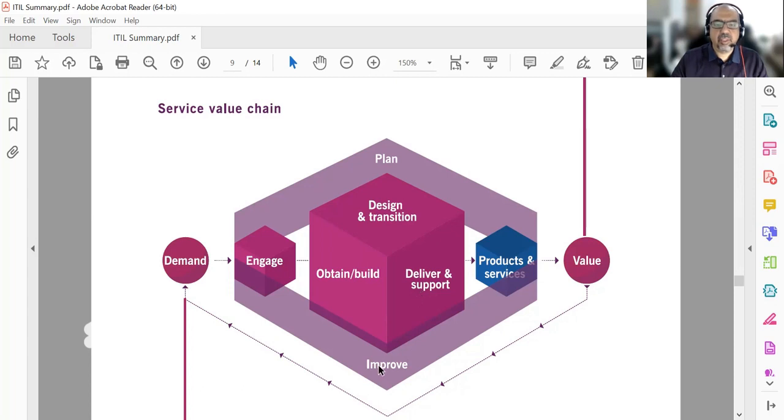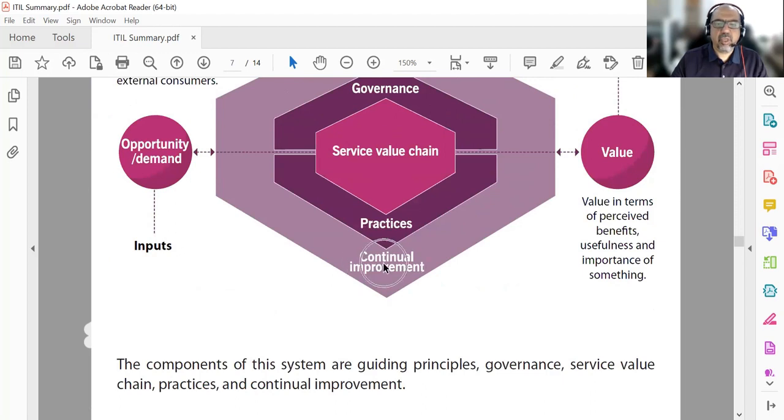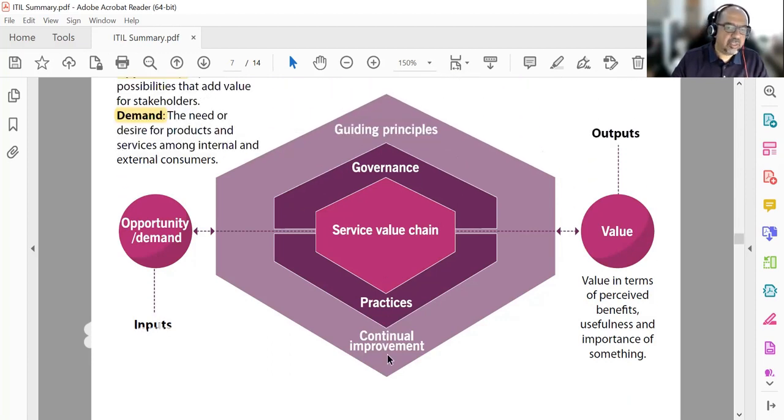So let's say in the continual improvement here, we have many ideas, many initiatives from internal stakeholders, external stakeholders, suppliers, and so on. Let's upgrade to the latest Windows operating system. Let's move to the cloud. Let's upgrade our hardware. Let's upgrade our infrastructure. We have a new branch.